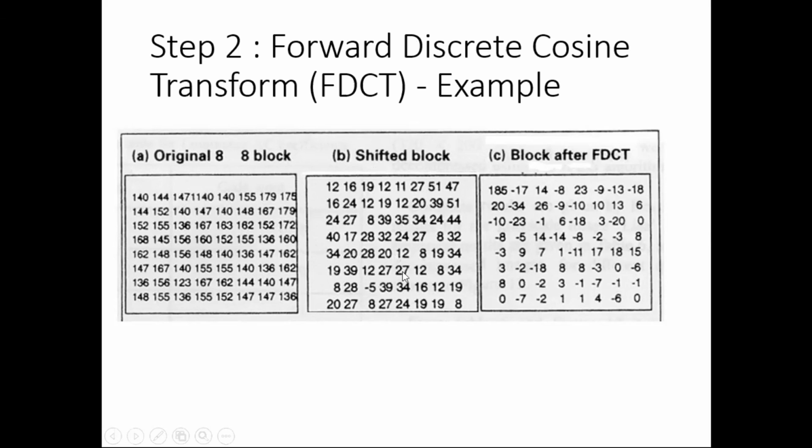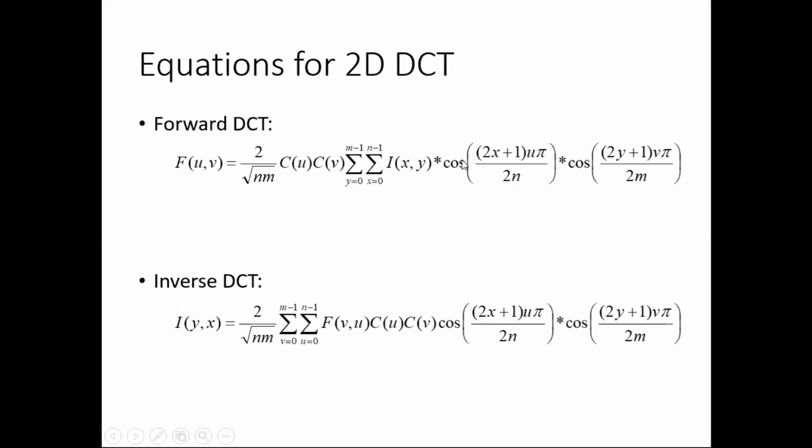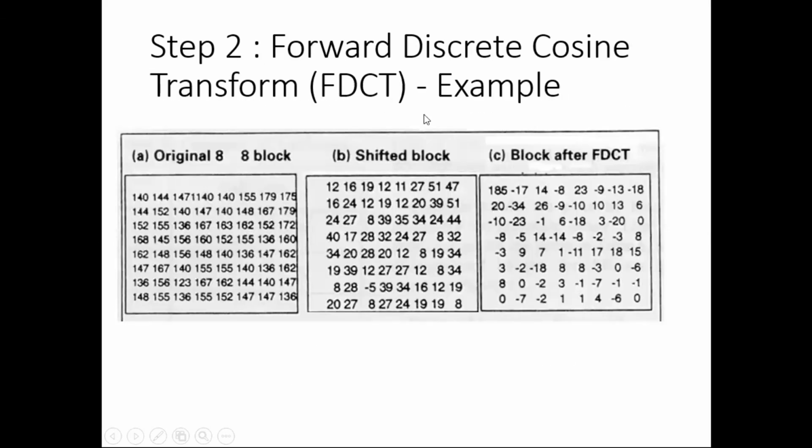This set of numbers should be between -128 to 127. Then we apply the forward discrete cosine transformation of this equation row wise and column wise. Then we come up with this result after performing the FDCT algorithm, right?